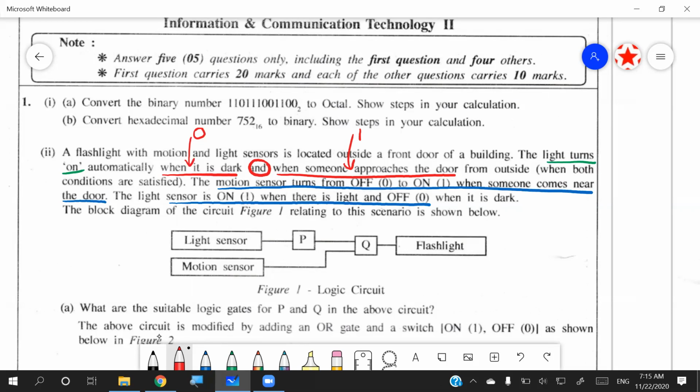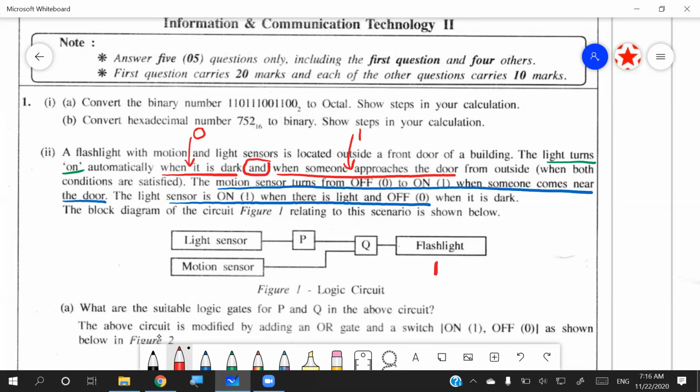Now, both of them should happen to light up the flashlight. So lighting up the flashlight indicates 1, right? And what they are talking about is the AND gate. Both the conditions should happen.